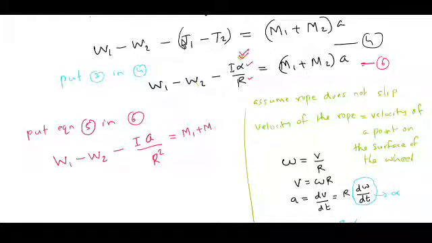M1 plus M2 A. Why we did this job? Why we replaced this alpha? Because one cannot easily calculate this alpha.